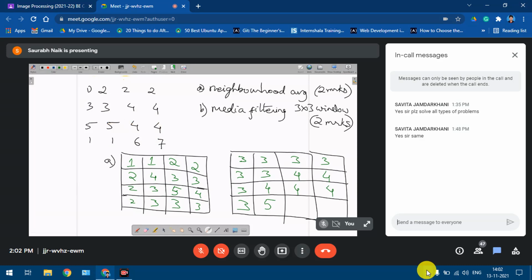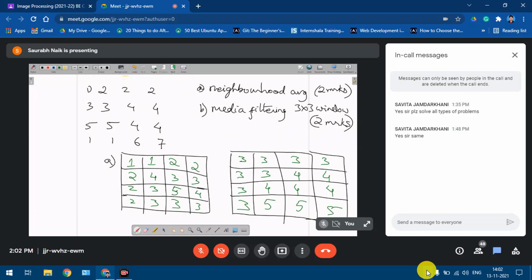So the average of 4 and 5 will be 4.5, rounded to 5. Then I have this as the last pixel. I have the values in the window as 4, 4, 6, and 7. Since I have to take the median between the second and third value, my average will be of 4 and 6, which is 5. So my final output after median filtering is going to be this.